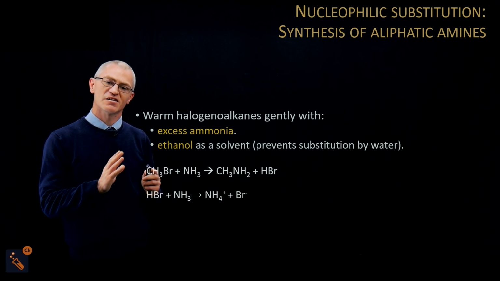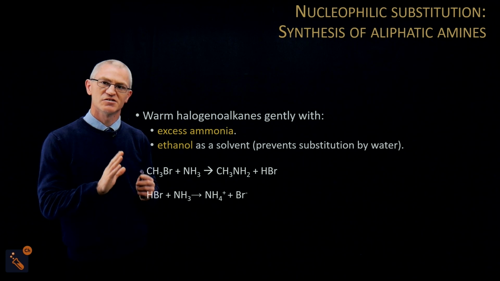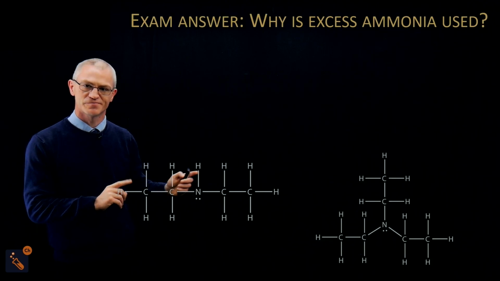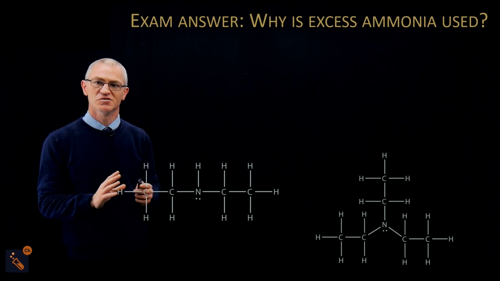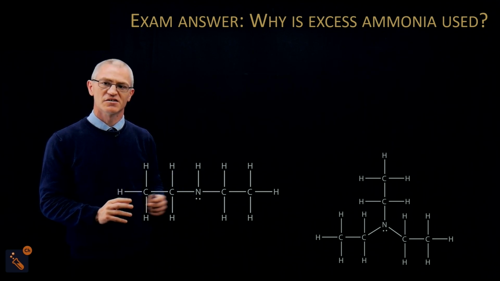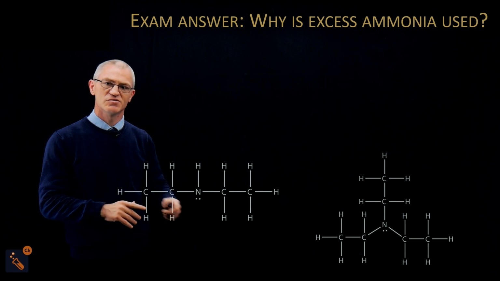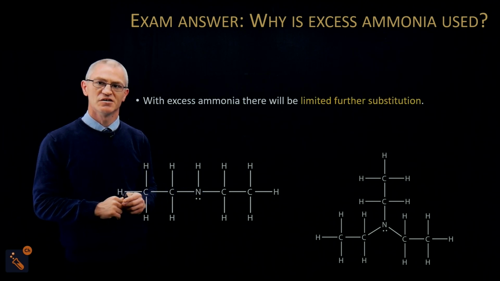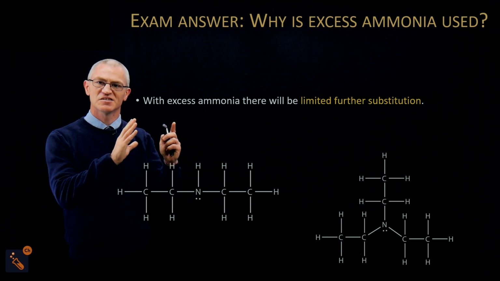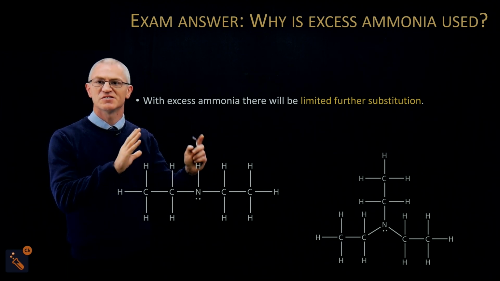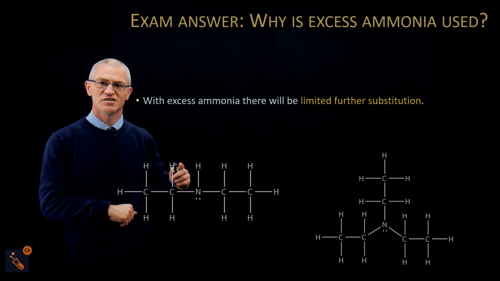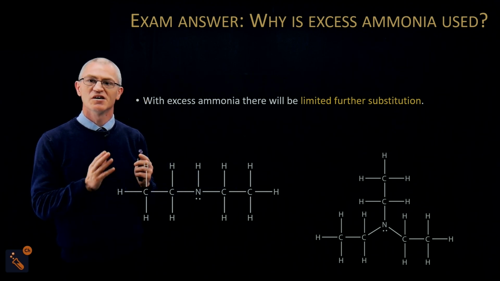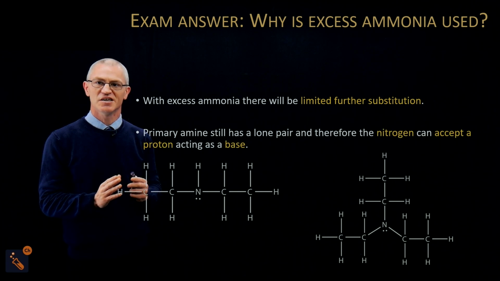Let's go on to the final slide to explain the whole thing together. So, why is excess ammonia used? We have a secondary amine, we have a tertiary amine here. Excess ammonia means that there will be limited further substitution. So, for example, I won't get this secondary amine, I won't get this tertiary amine, I would just get the primary amine.